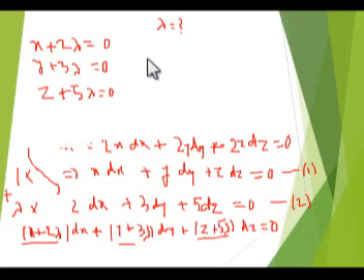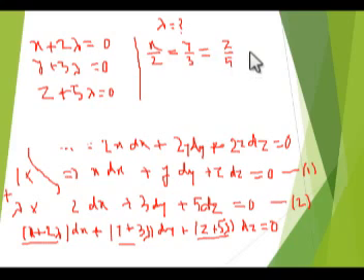To find the value of lambda from all these equations, we get x by 2, y by 3 and z by 5, all equal to minus lambda.